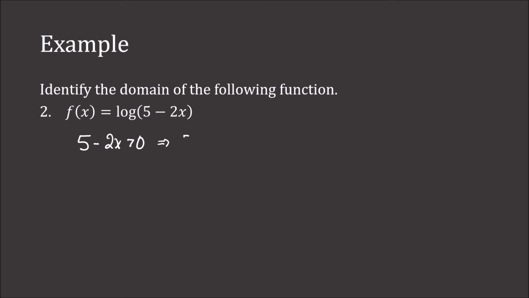So 5 would be larger than 2x, which means that 5 halves is larger than x. Another way of writing this is x is less than 5 halves. So the domain is -infinity to 5 halves.